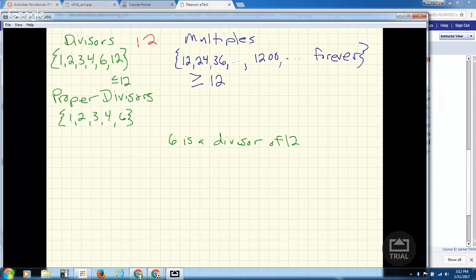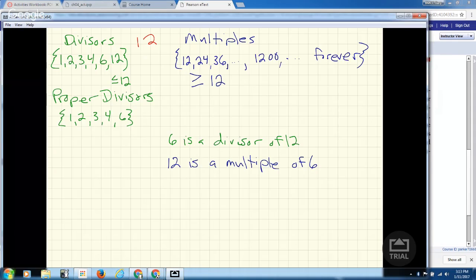And if we reverse the numbers, we would have to say 12 is a multiple of 6. Right, divisors versus multiples. If we put two numbers together, they can have common divisors, or they can have common multiples. We'll take a look at that in a minute.